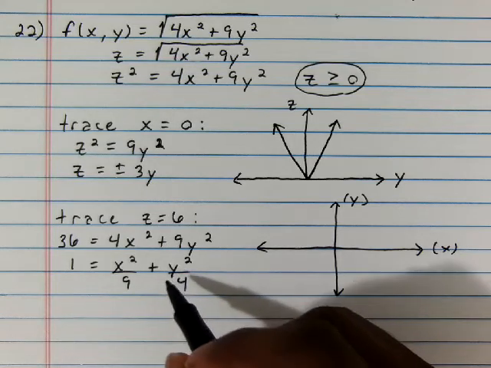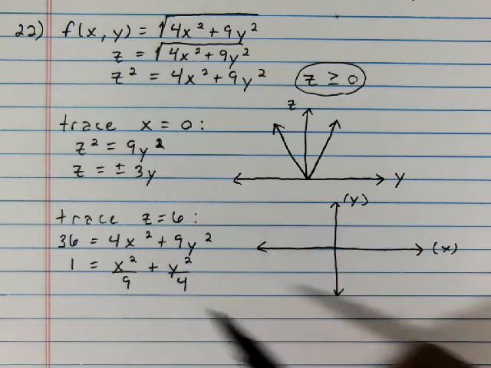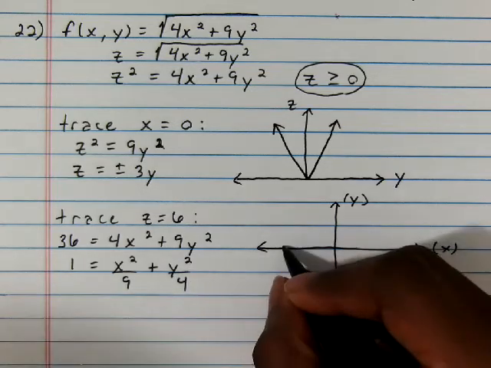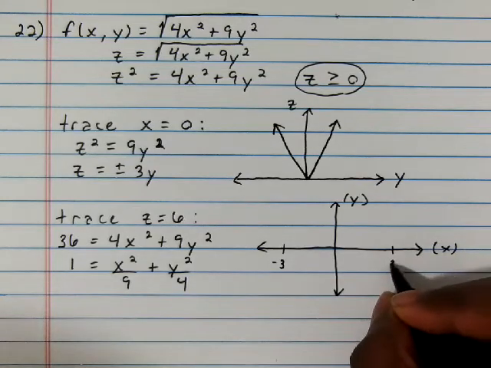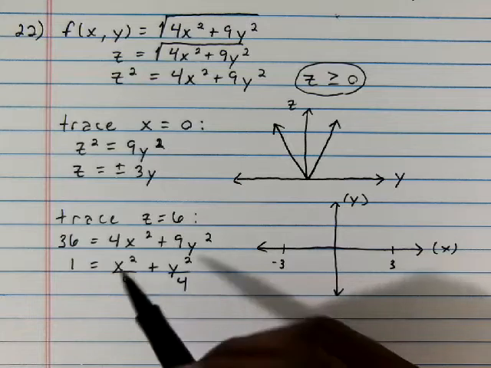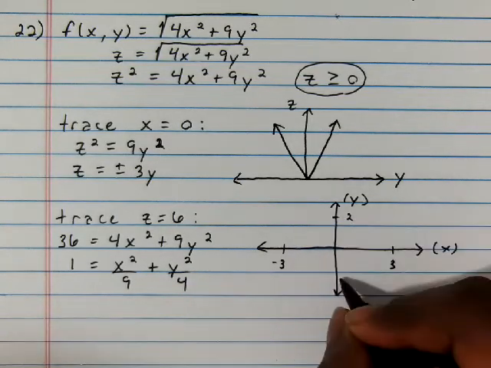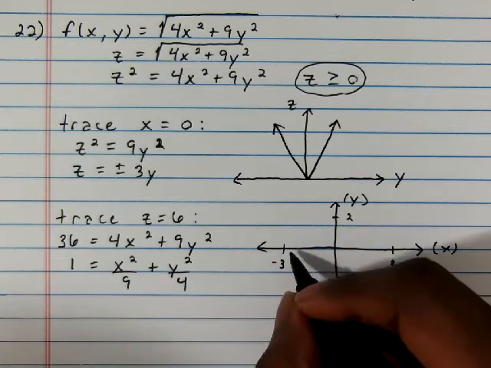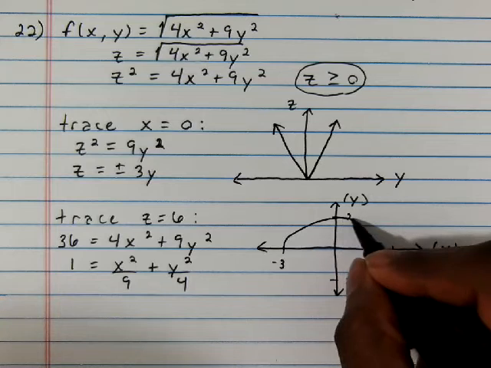So when I take y equals 0 and I put that in there, I get x equals plus or minus 3. You don't need to do this in as much detail though. When I take x equals 0 and I put in there, I get y equals plus or minus 2. So it's elongated in the x direction, or the x axis, what's called the major axis, but you don't need to know that terminology either.